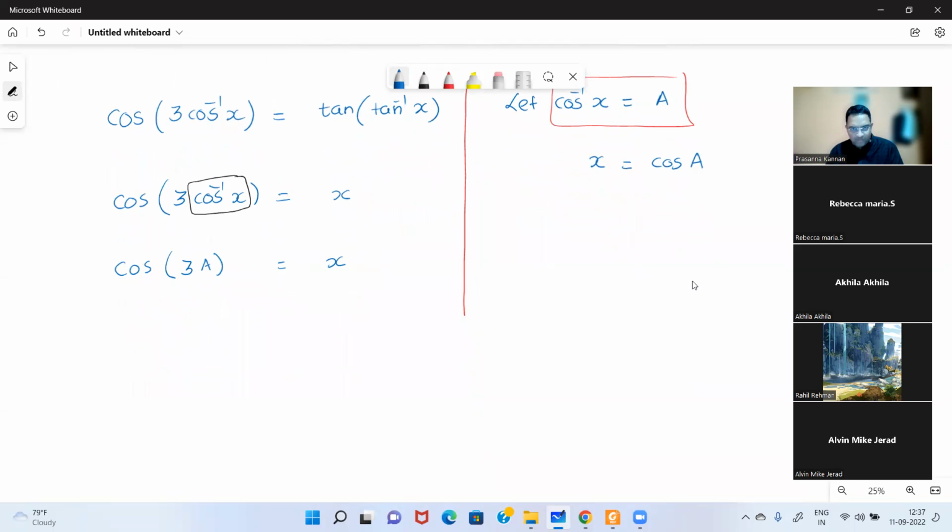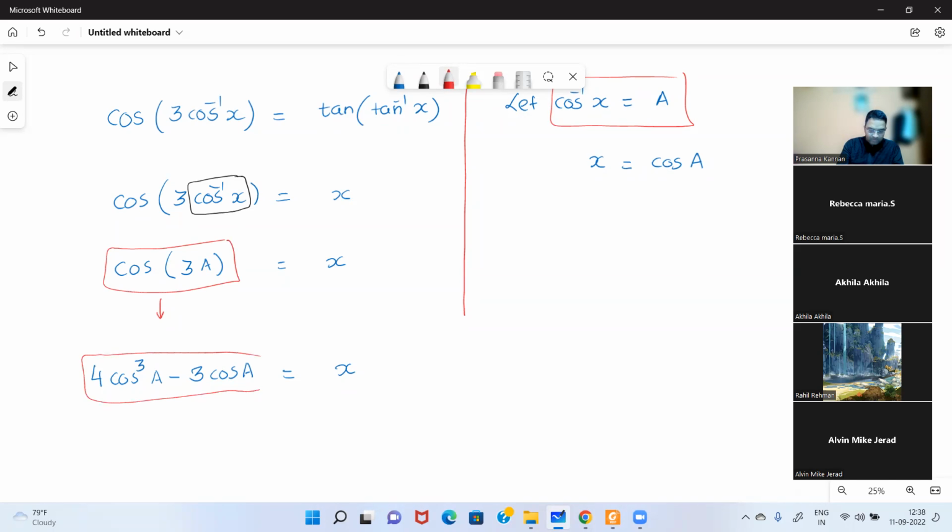What is the cos 3A formula? We have derived this in the previous class. All the formulae must be in the fingertips. Cos 3A is equal to 4 cos cube A minus 3 cos A, and that is equal to x.